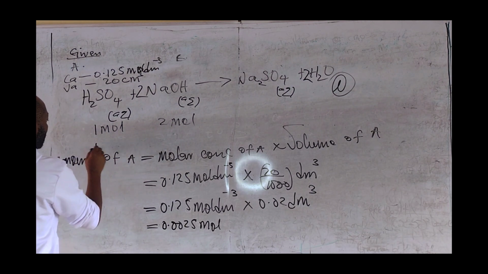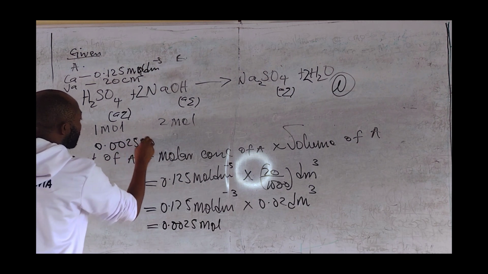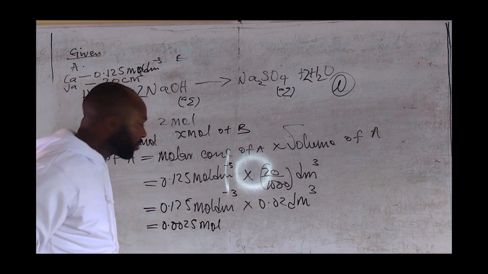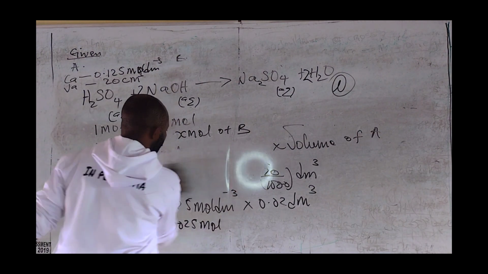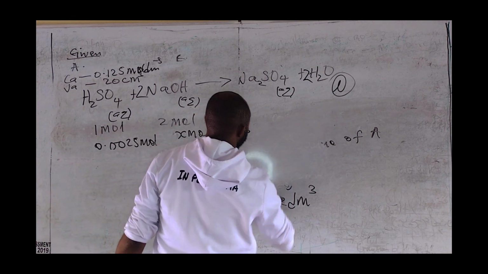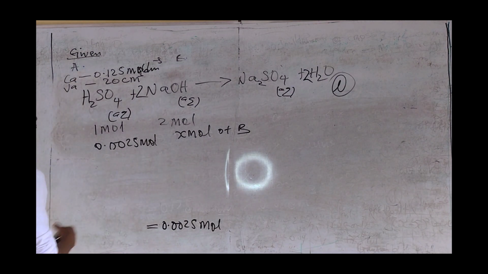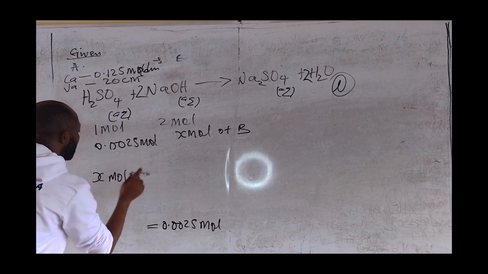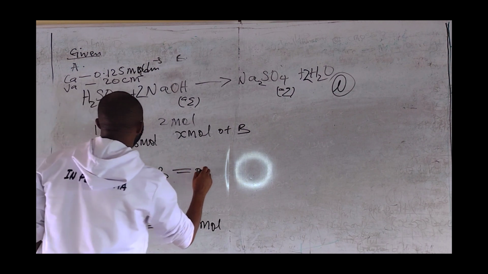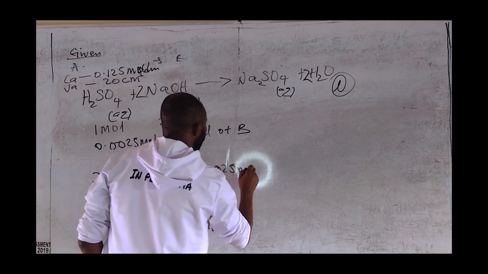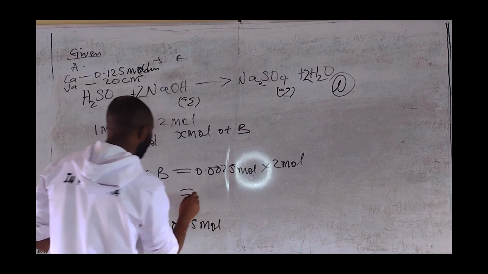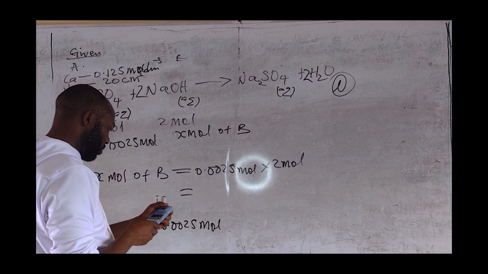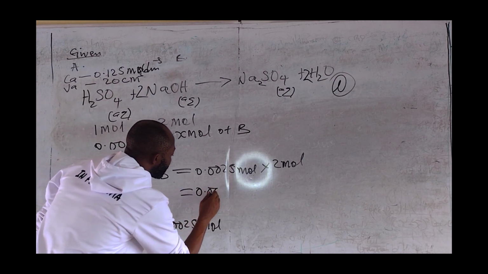Therefore, 0.0025 mole of this will give us X mole of sodium hydroxide, X mole of B. Therefore, X mole of B will be 0.0025 mole times 2, which gives us 0.005 mole.